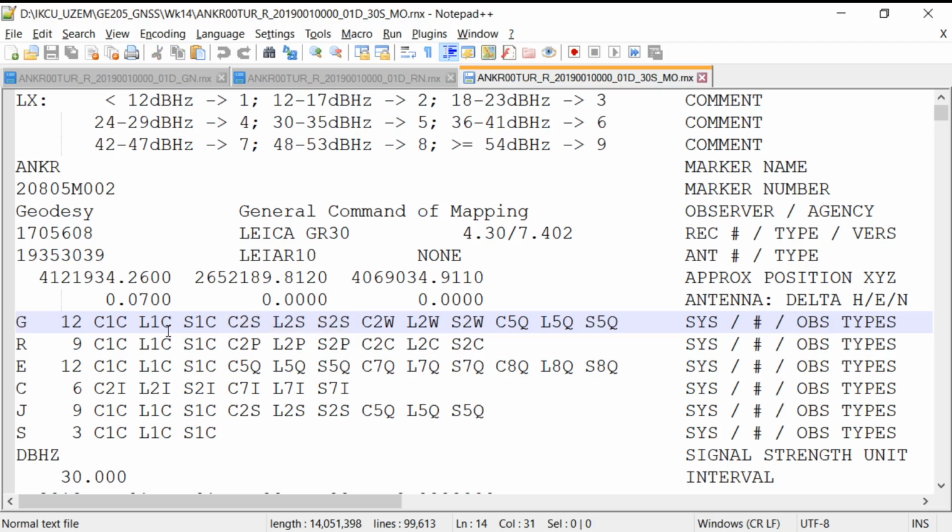And why do we use more than one carrier in these systems? It's because we want to eliminate the effect of the ionosphere. The ionosphere is the most disturbing error source for GNSS positioning. For example, it may reach values up to hundreds of meters.